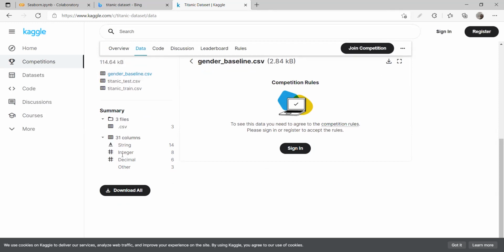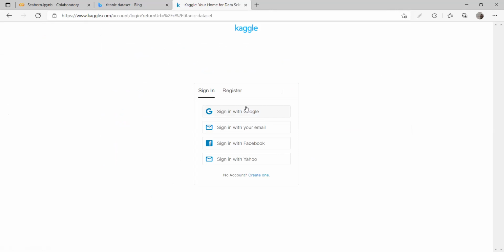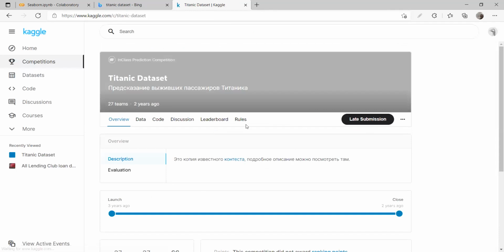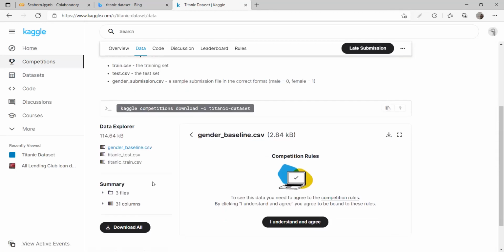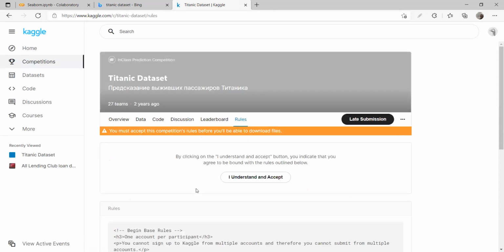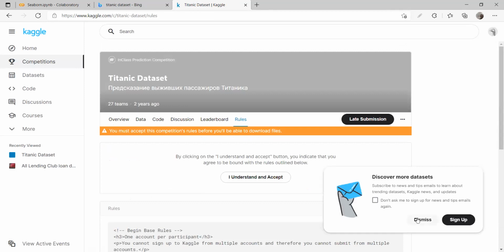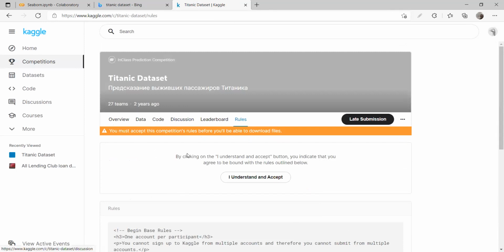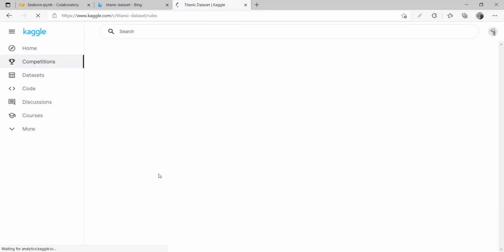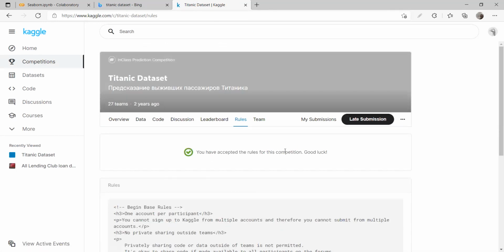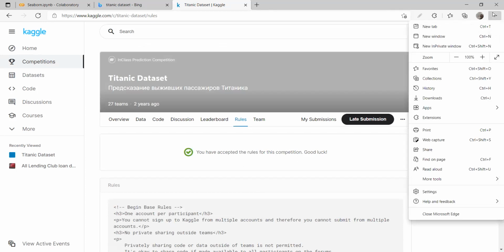Each file is having 31 columns. You can click on Titanic, train or test, whatever. I don't know what ID I'm using over here. Let's try. So data, download all. I understand and accept. Is it downloading?